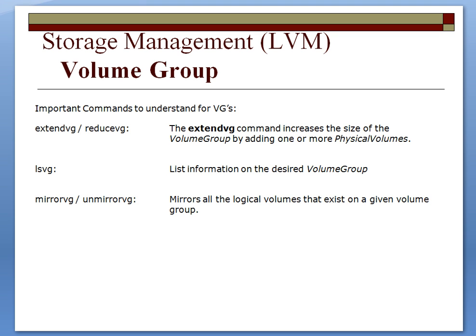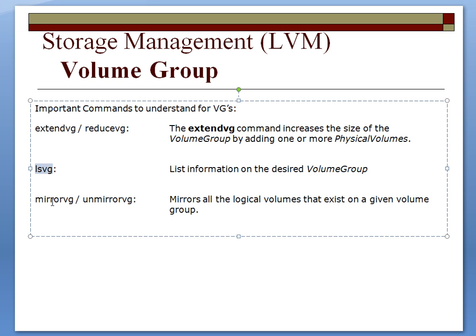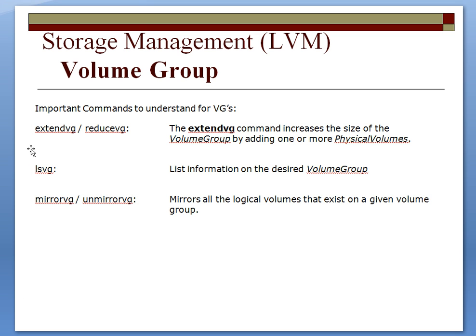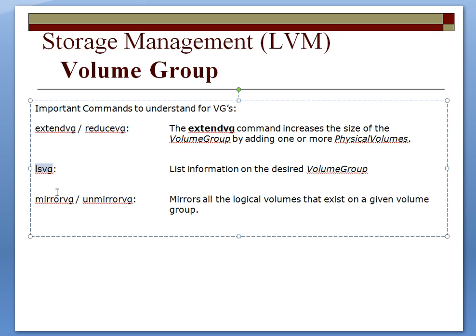Reduce VG, extend VG, lsvg, mirror VG, unmirror VG. Pretty straightforward. lsvg just lists information on the desired VG, and there are multiple options there that you can go through and look at to understand the different information on that volume group.